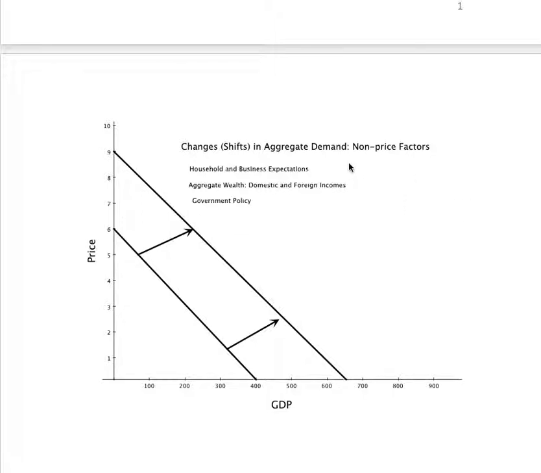So that's where we stand with aggregate demand: non-price factors will cause a shift. When we go back to aggregate wealth, we have the wealth effect. When you look at the wealth effect, they look at the stock market. The stock market has been going up.